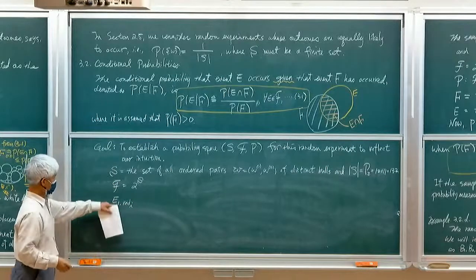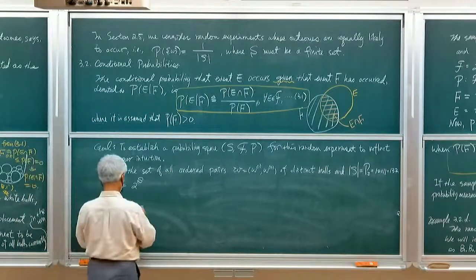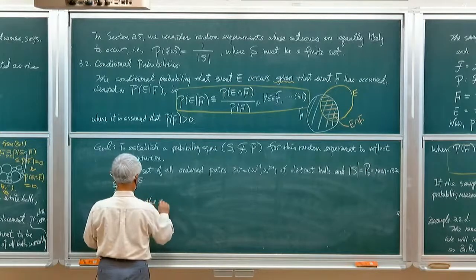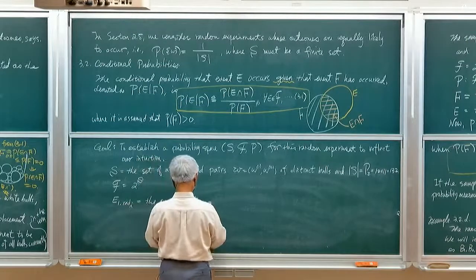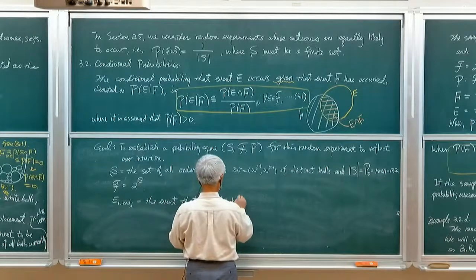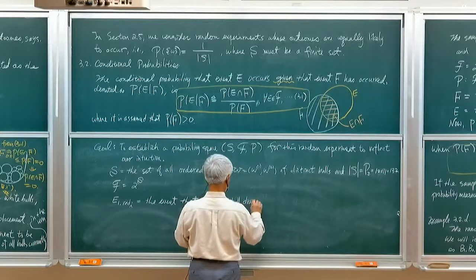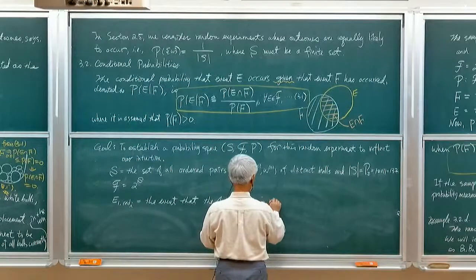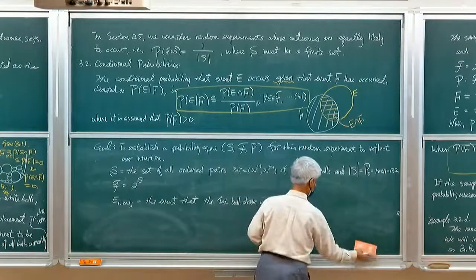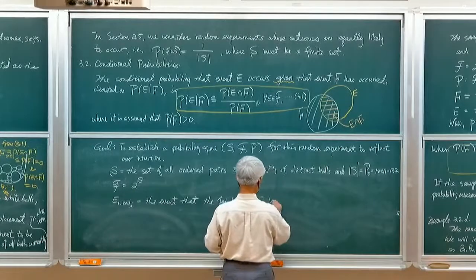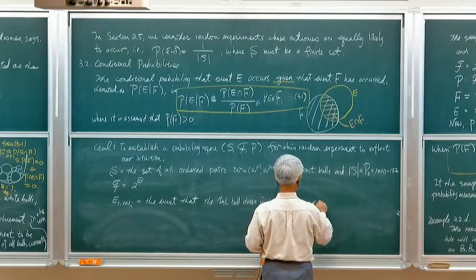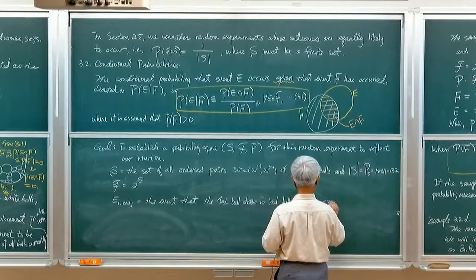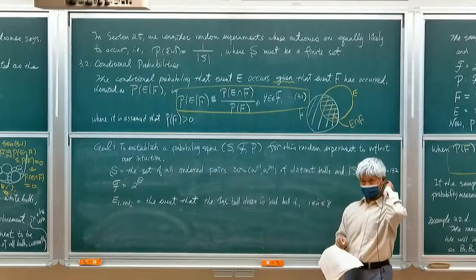E sub 1, red I, is the event that the first ball drawn is red ball I, where I is from 1 to 8 because we have 8 red balls.